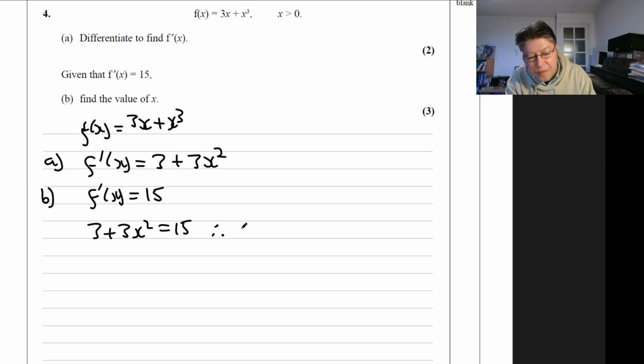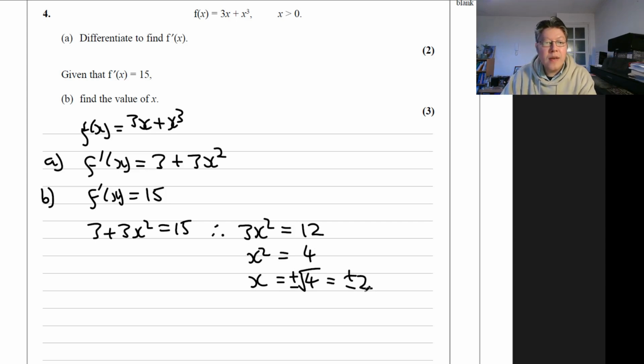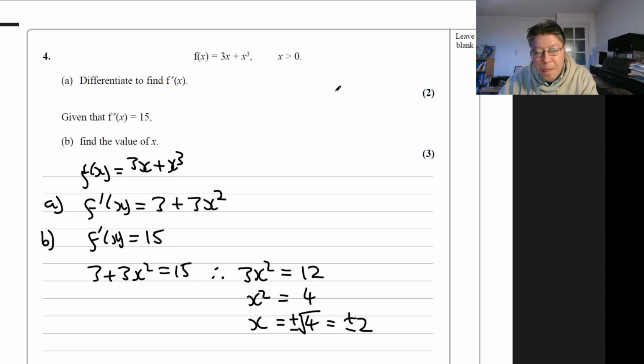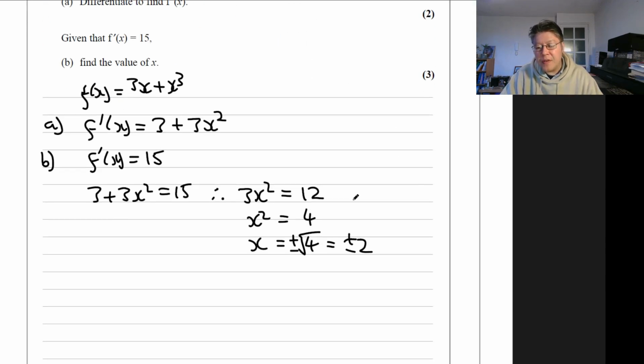So therefore 3x squared equals 12, then x squared equals 4, and so x equals plus and minus root 4, which is plus minus 2. And if we look over here, we're told that x is bigger than 0. So therefore, final answer, x is 2.